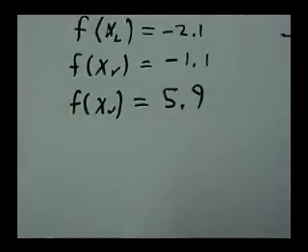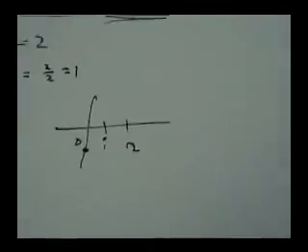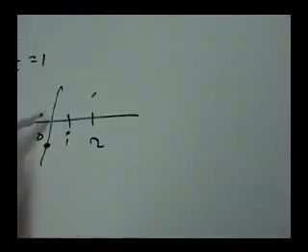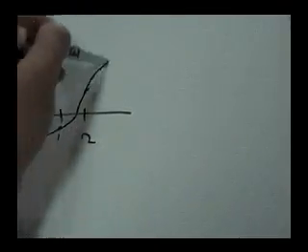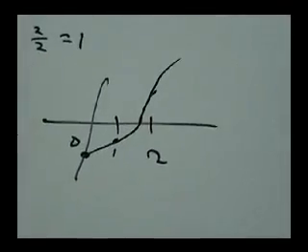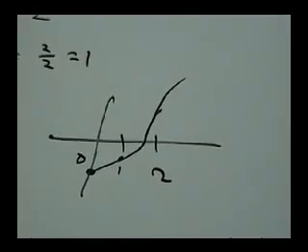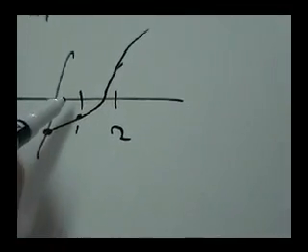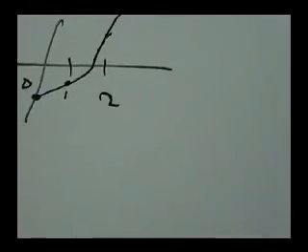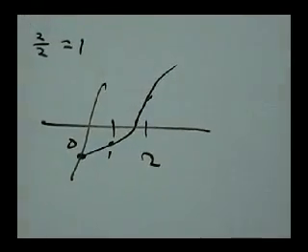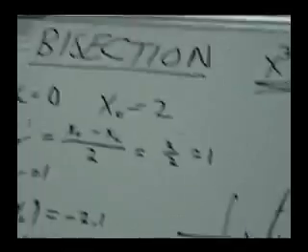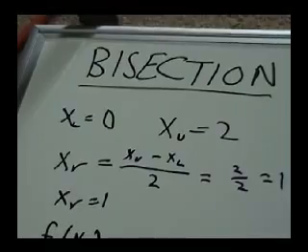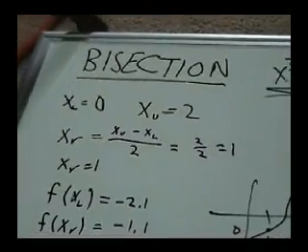And then at f of xu we've got a large positive number, so we plot a point here. So we know our graph looks something like this. Obviously from the graph on the computer it doesn't look quite like that, but we get the idea. So we know that the intersection is going to be somewhere between xr and xu, so our value is going to be somewhere between 1 and 2.